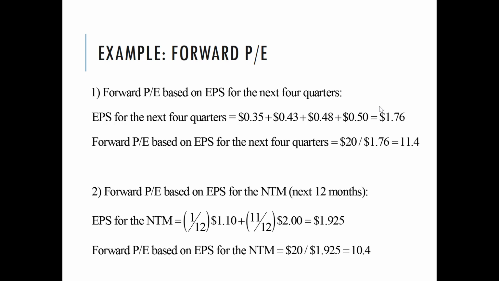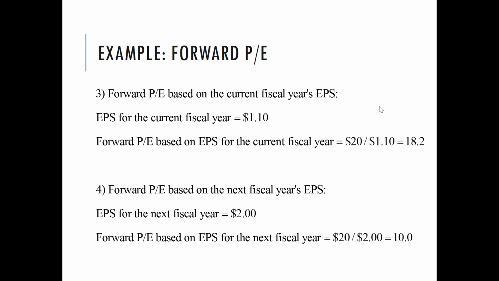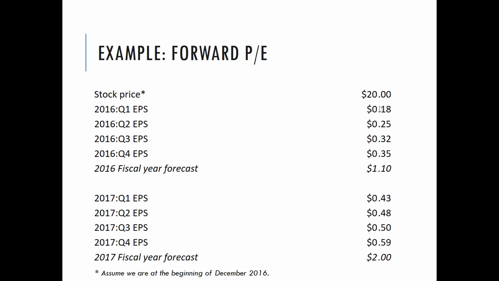On the other hand, you could also look at the next 12 months. The next 12 months looks at it from a monthly perspective, in the sense that technically speaking, we are in December. Because we're in December, perhaps using the entire quarter might not be that relevant, because already 2 months have passed.